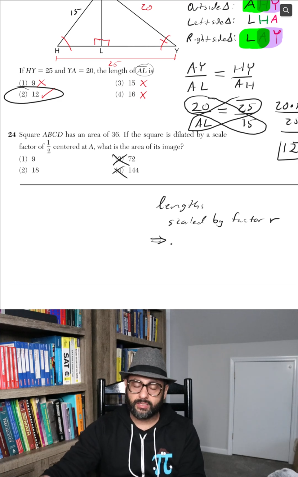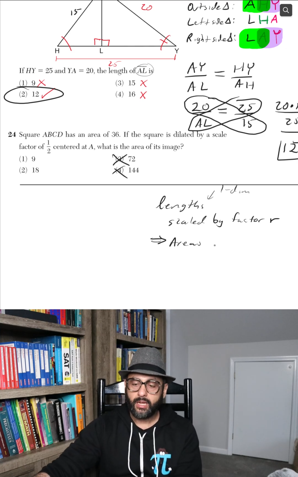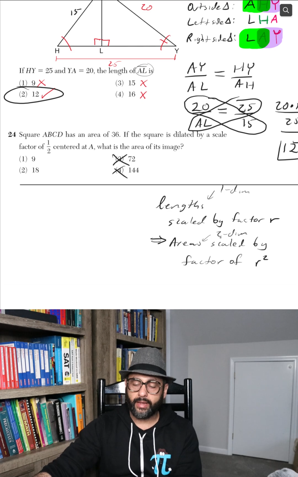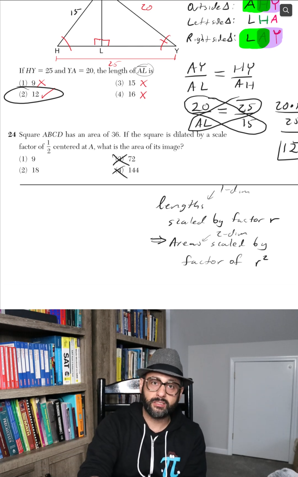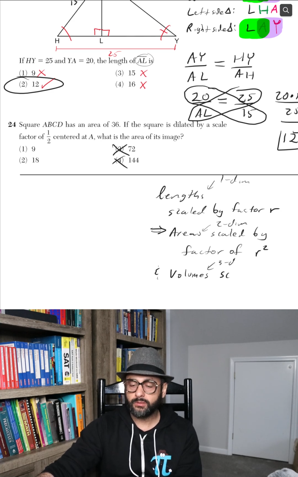That means that areas, notice that all lengths are 1-dimensional. And the exponent on R to the first is a 1. That's actually a theorem. The areas are scaled by a factor of R squared. Notice that areas are 2-dimensional. And that exponent 2 is the same 2, the dimension of the figure. And volumes are scaled, which volumes are 3-dimensional.